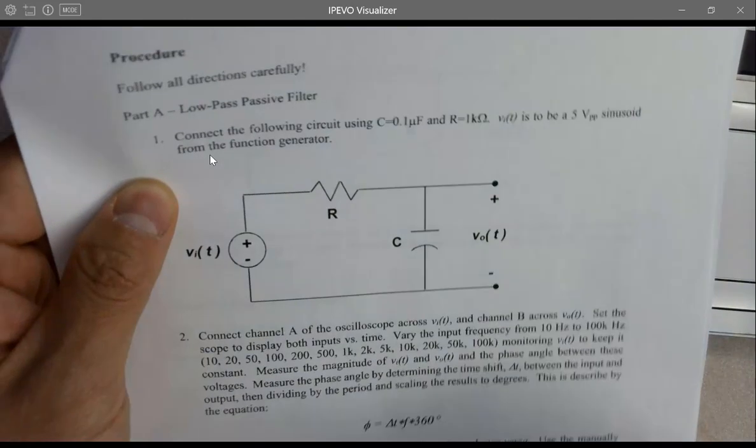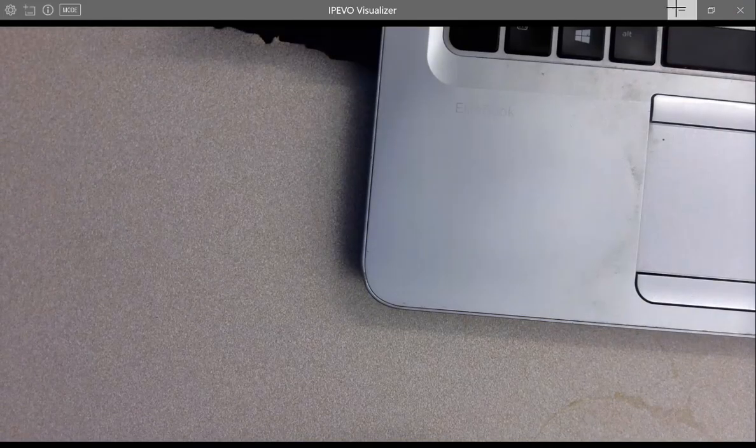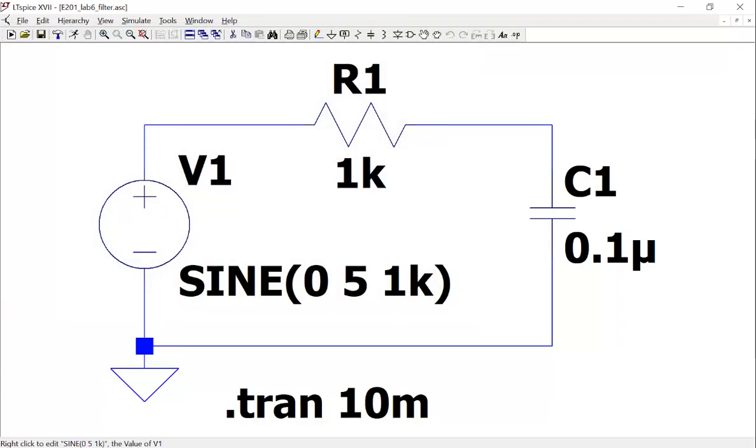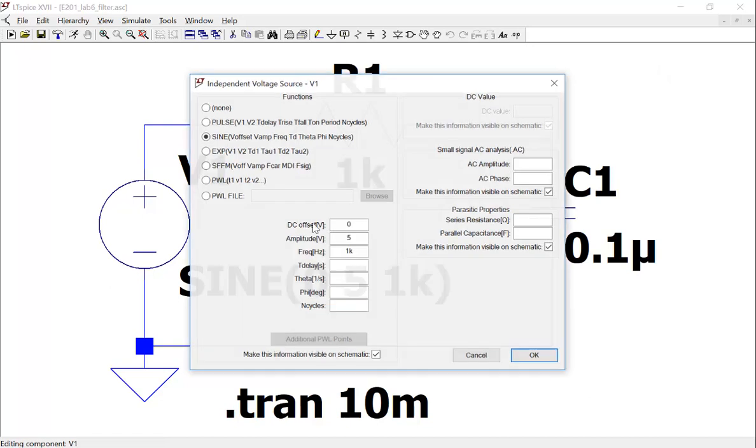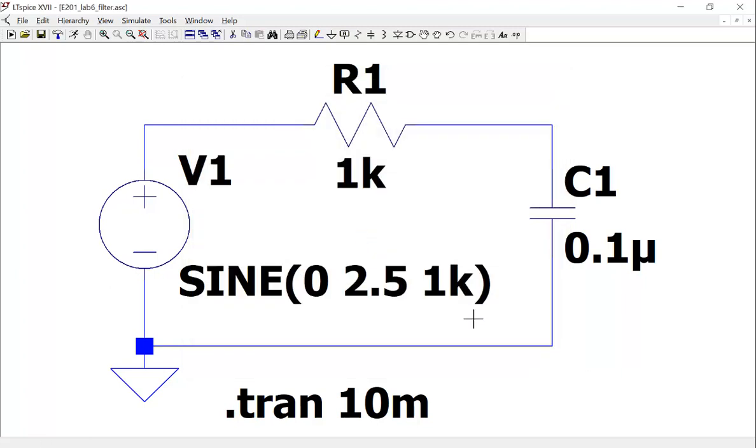And definitely we can build a circuit in LTspice. I think this makes it 10 volts VPP, so I have to change it to 0.5. 1K, 0.1 microfarads. Whatever I'm doing here is translatable to your oscilloscope. It's a very similar view compared to your oscilloscope.